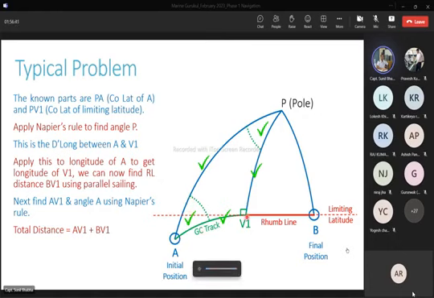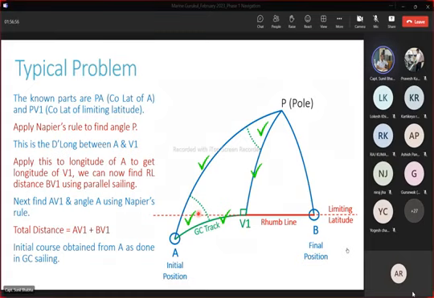We have distance AV1, we have distance BV1. Adding them gives us the total composite distance between A to B, and the initial course has been obtained using angle A already. So this gives us all the required items for this typical problem.